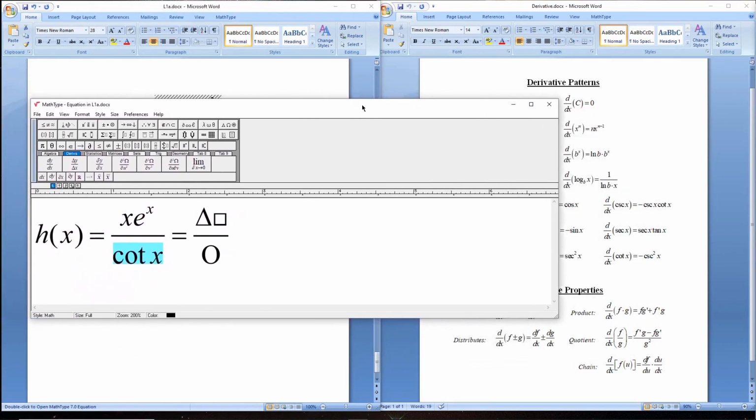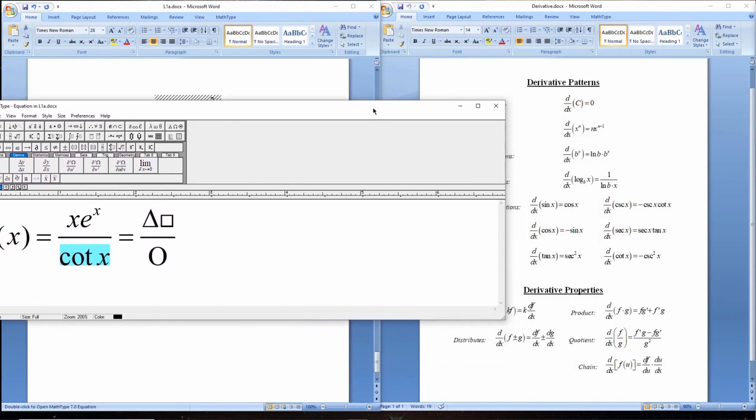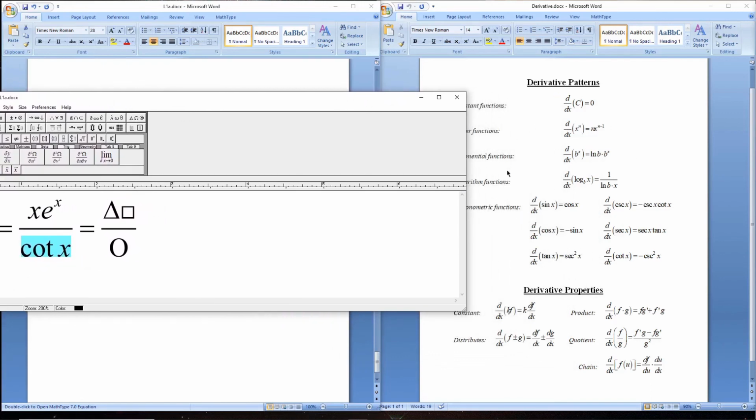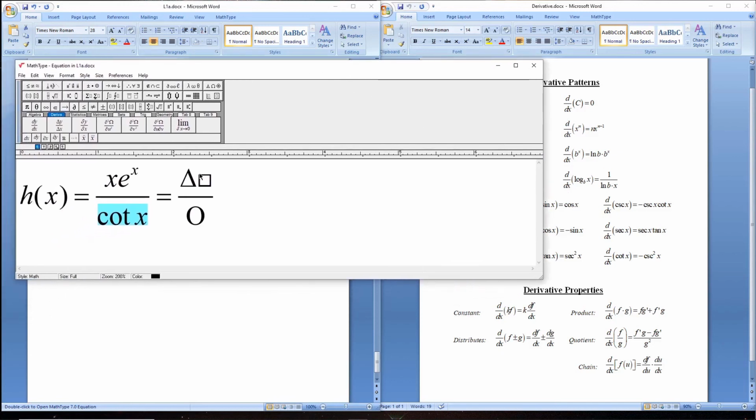which I strongly encourage you to do as well, so that you know what you're dealing with and you know the derivative patterns you're going to need to use, and also that you're identifying this is a function divided by a function, which means quotient. These are all things that I think are crucial to identifying to make sure you're proceeding correctly.